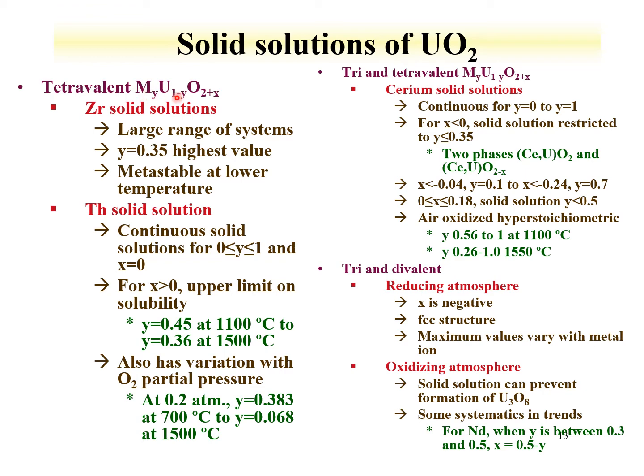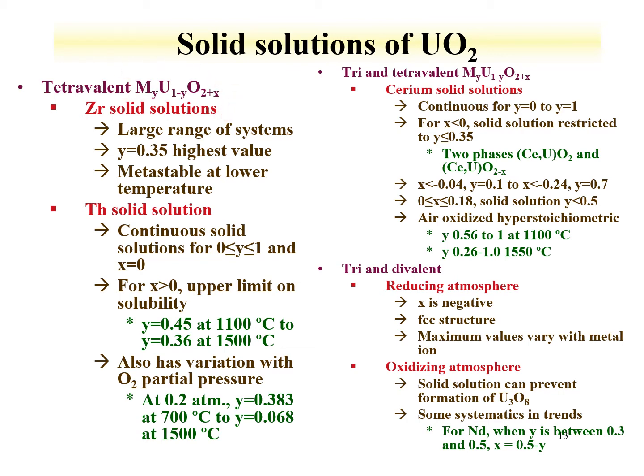If we went to conditions where we added more, so that this value was larger, we'd get two phases forming, one that would be the separate phase of the compound and one that would be this solid solution.